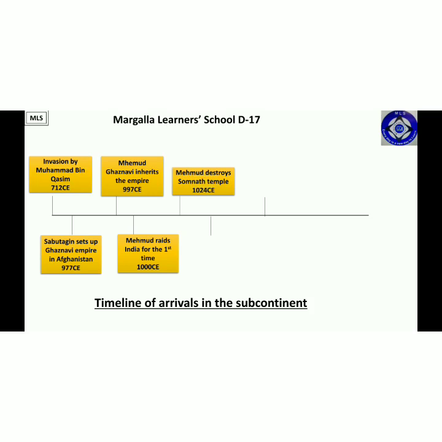You may have heard that the idols of Somnath were destroyed by Mahmud Ghaznavi. And then Shahabuddin Ghori captures Multan in 1175 Common Era. After him, the slave dynasty under Aibak took birth in the subcontinent. Slave dynasty means the person who led the foundation of this dynasty was basically a slave.